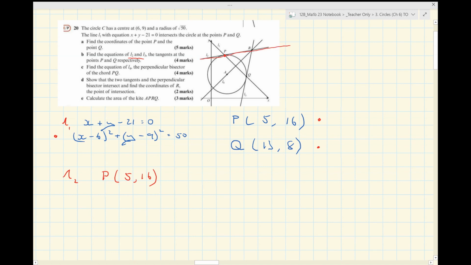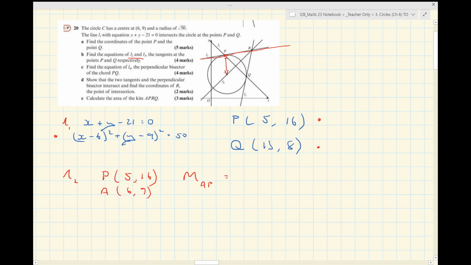Well, the answer is it's a negative reciprocal of the gradient of the radius at that point. How can I find the gradient of the radius? Well, I know the point P, and I know the point A as well. I know the centre of the circle. Look, so I'm going to write A here, which is the centre of the circle, (6, 9). I'm going to find the gradient of AP and use that to find the gradient of the line L2.